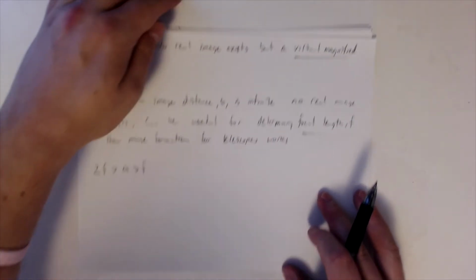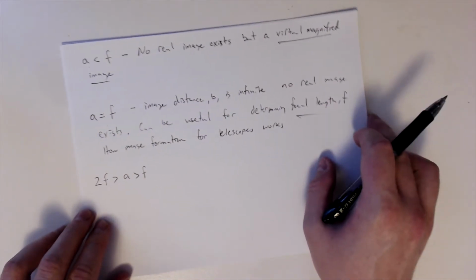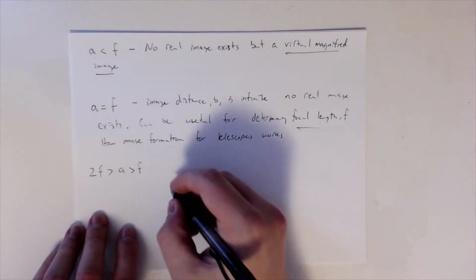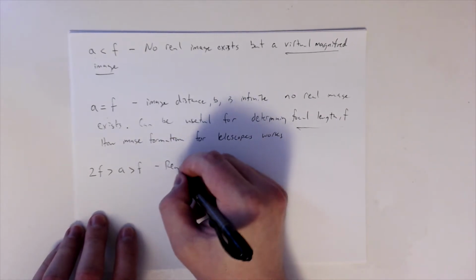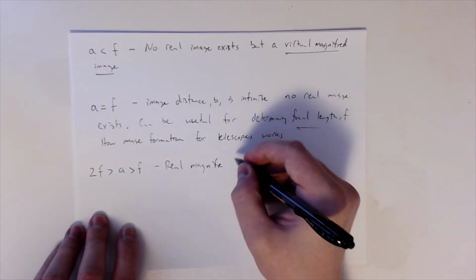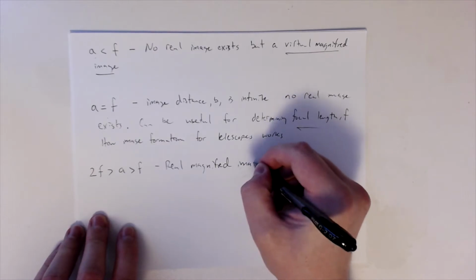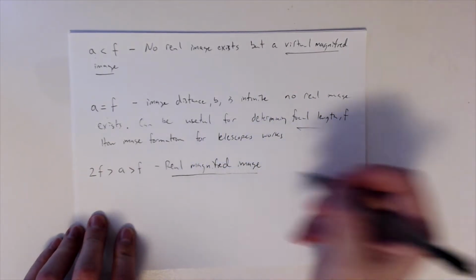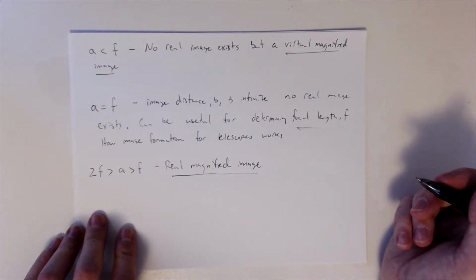But again, think about the image that I've drawn in the previous. All right, so in this case, we're now forming a real magnified image. So these are the conditions that are starting to become important for us because we form a real magnified image.